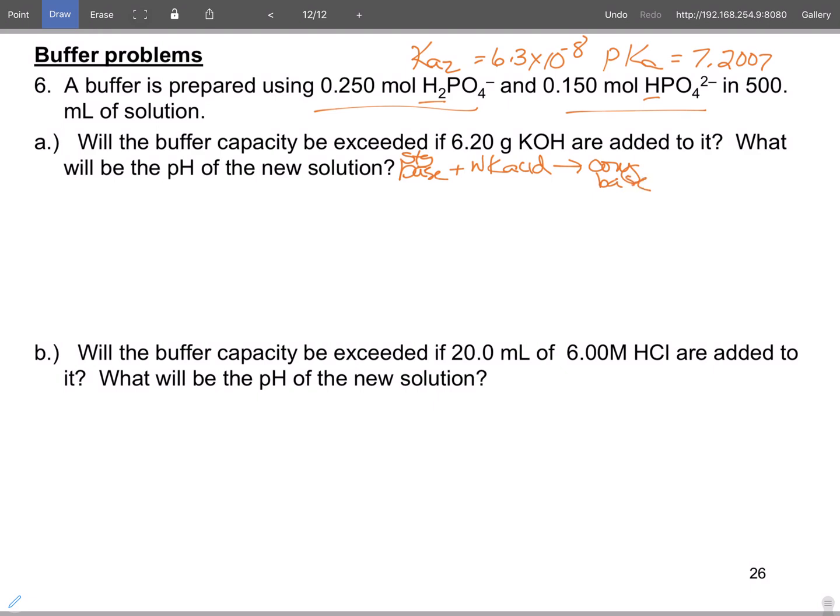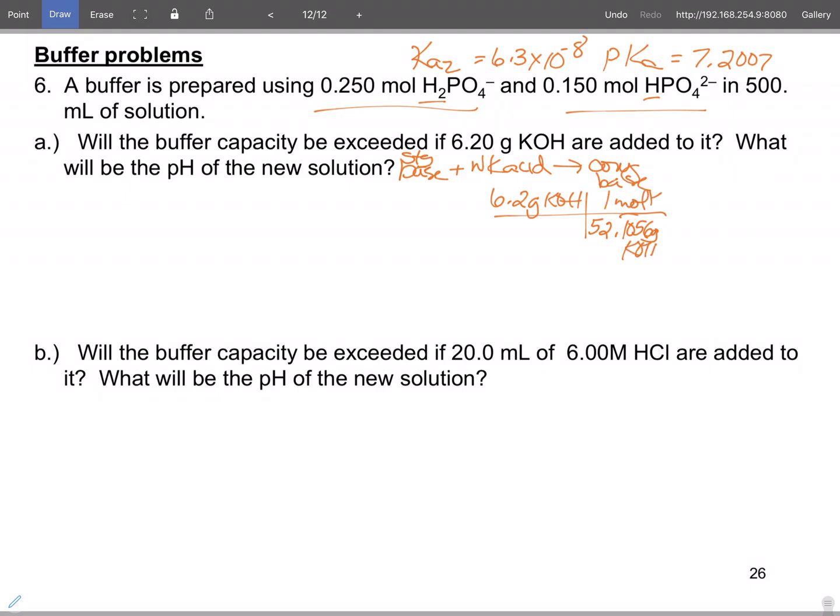So the first question is how much potassium hydroxide do we have? We have 6.2 grams of KOH, and we know that it's 52.1056 grams of KOH per 1 mole.